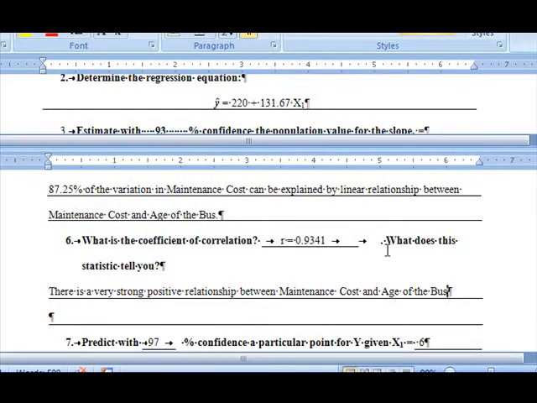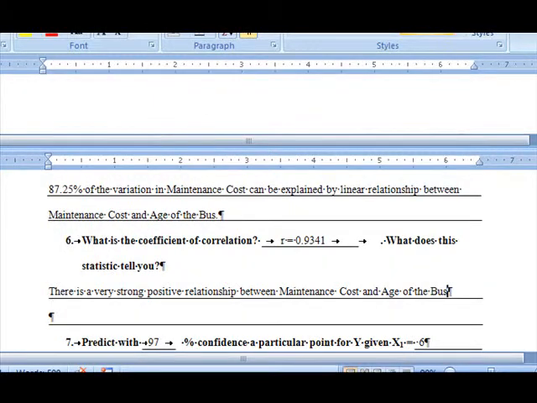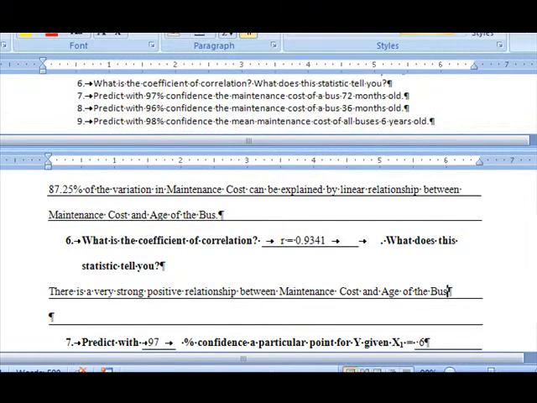And finally, the last three questions. Now that we have seen that the model is going to be a good fit, that it's going to be good to predict maintenance cost, then we have the prediction questions. Notice that those are the last three questions. But let's look at differences and similarities between them.